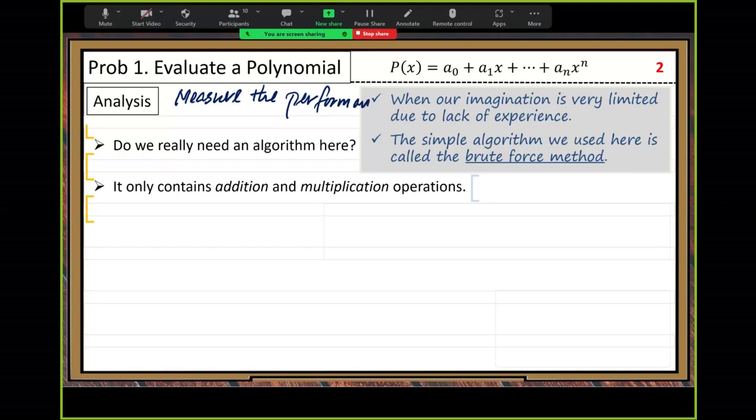That's what we are doing now. Measure the performance. All right.